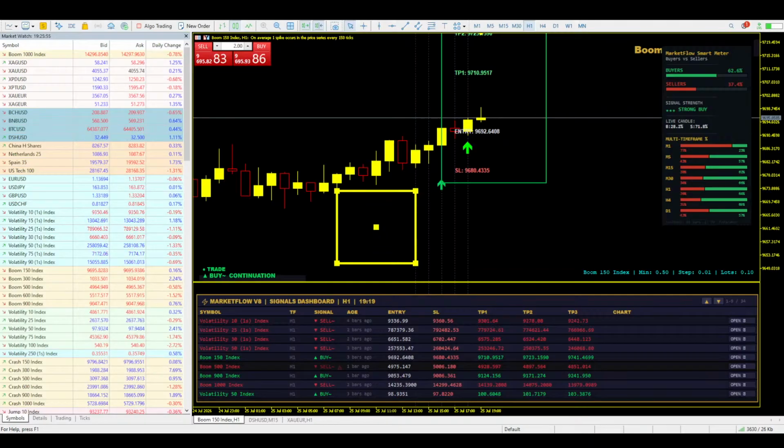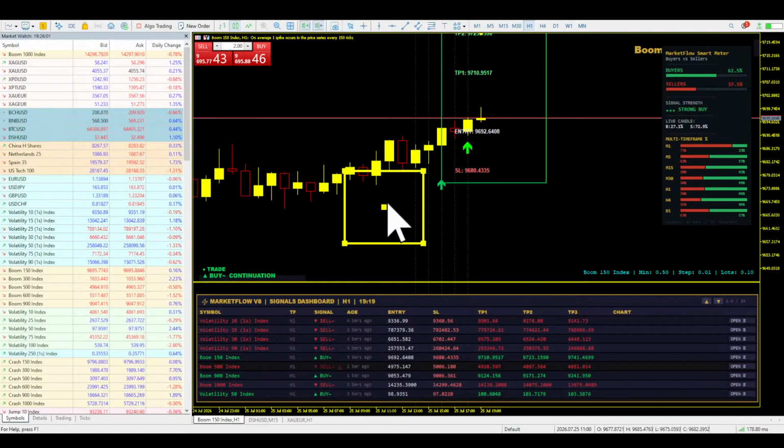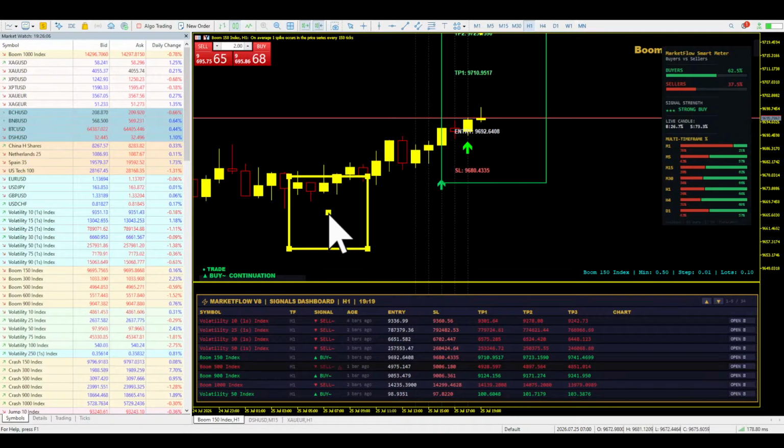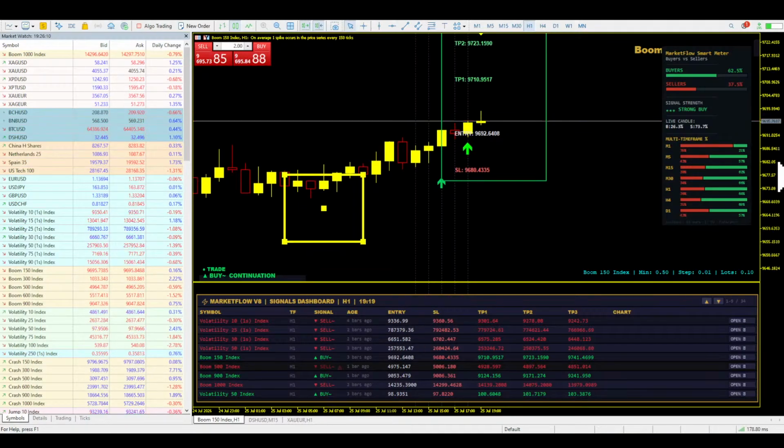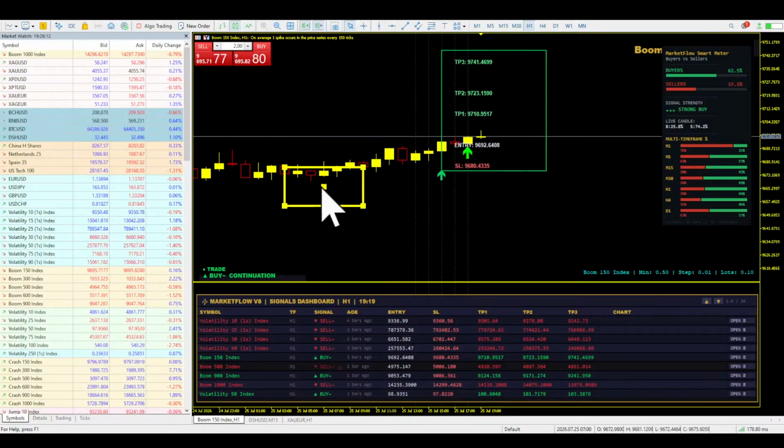Anyways, let's keep going. So what's the strategy? What are we trying to look at today? Firstly, we're going to look for trades where the dashboard indicator is telling us to buy or sell, where it can clearly show us the signal on the chart, like what you see right now on the Boom 150 index.